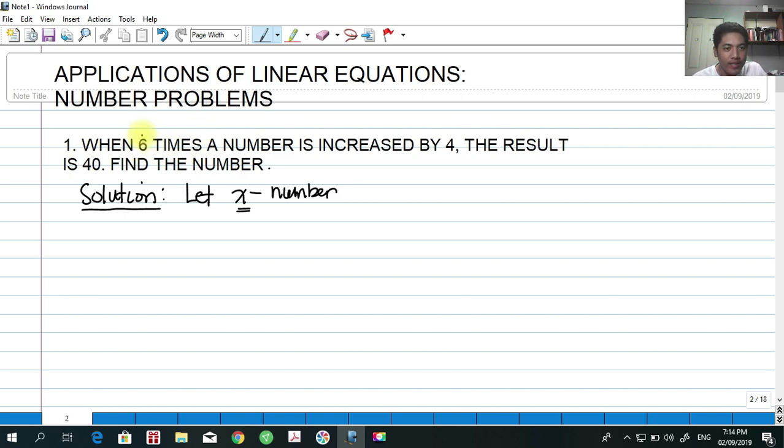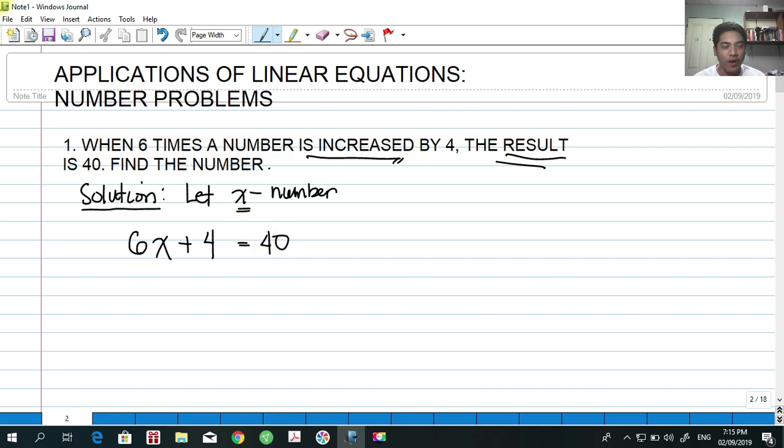It says 6 times a number, so 6 times the number itself, which is x, is increased by 4. That's the word increase. Well, actually it's addition. It says the result, which means equal, is 40.